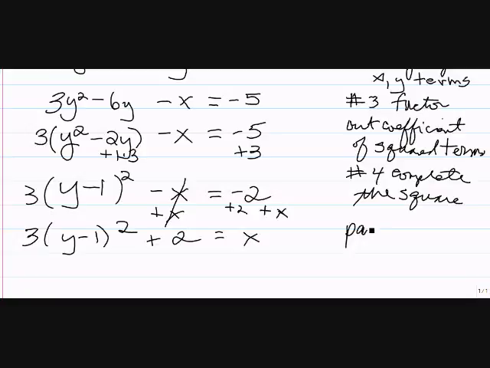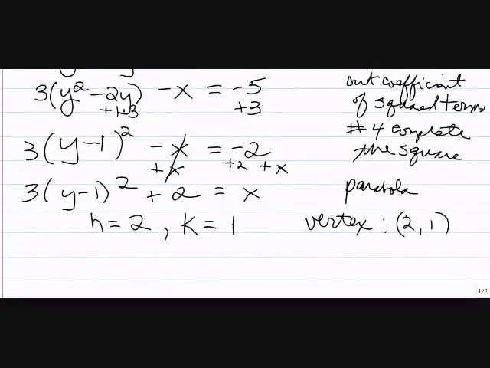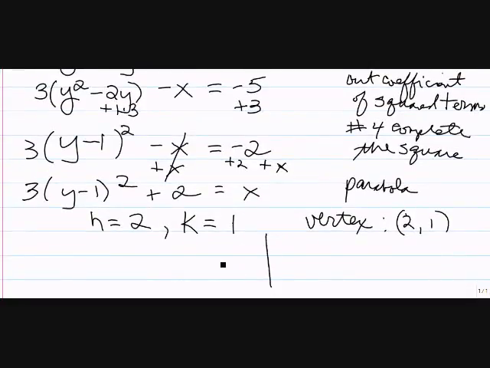This is a parabola. For a parabola that's an x equals, my h is the 2. My k is the opposite of minus 1, which is positive 1. So I've got a parabola with a vertex at 2, 1. And so it's going to look like this.